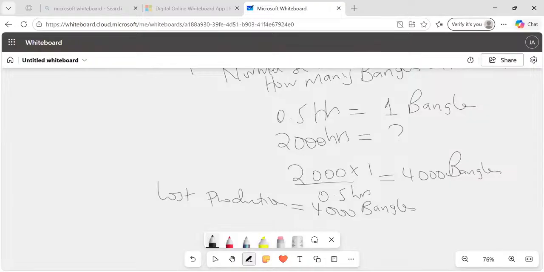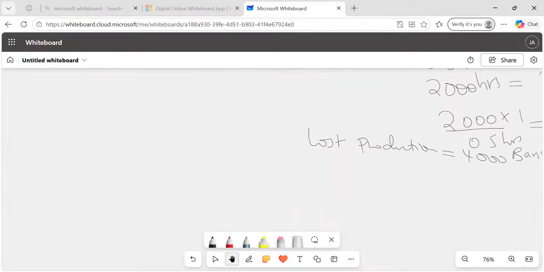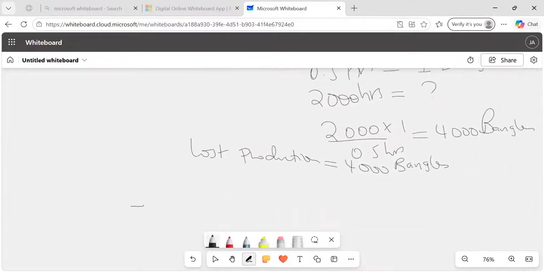And we know how much we earn from each bangle, don't we? So then what is the total contribution to be lost? Give me the lost contribution.